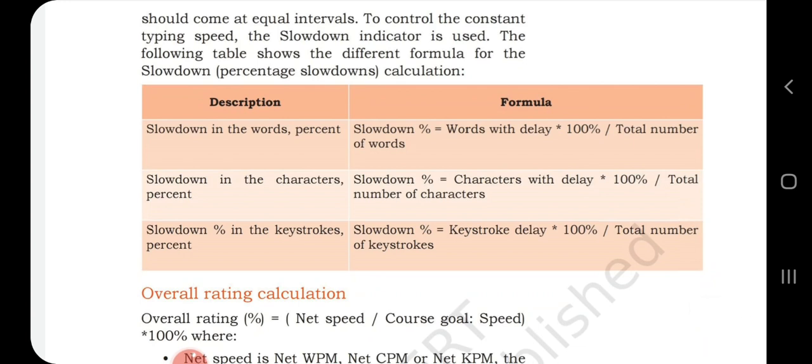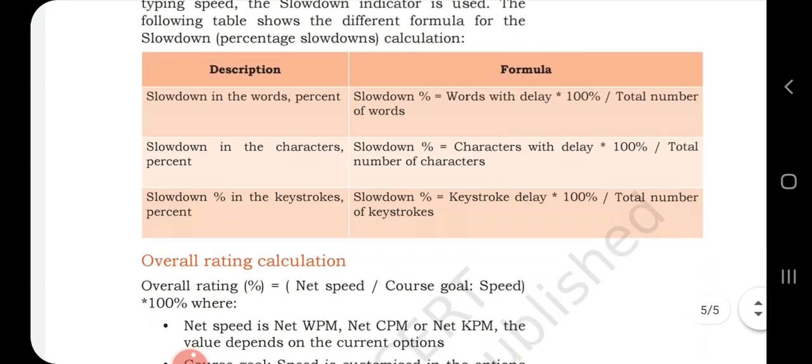Formula is slowdown percentage is equal to characters with delay multiplied by 100% divided by total number of characters. Next one is slowdown in keystroke percent. Its formula is slowdown percentage is equal to keystroke delay multiplied by 100% divided by total number of keystrokes. These are all the descriptions and the formulas.